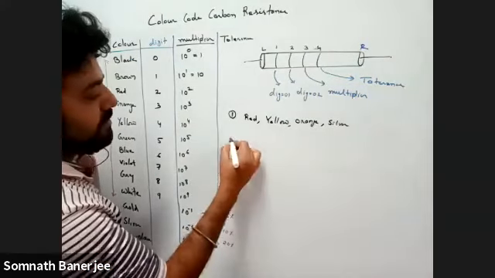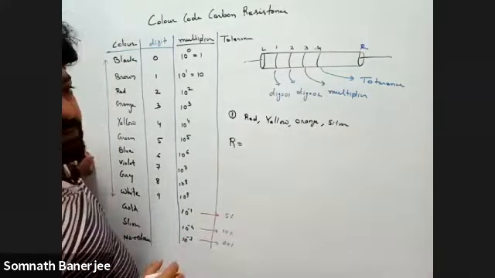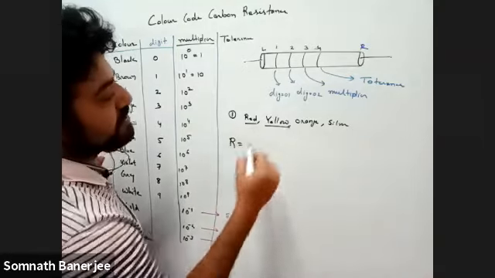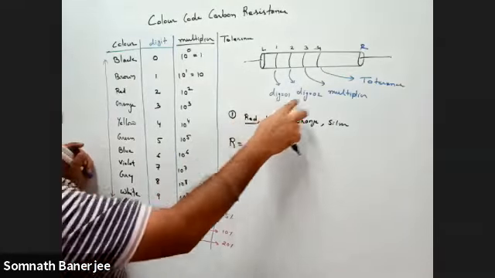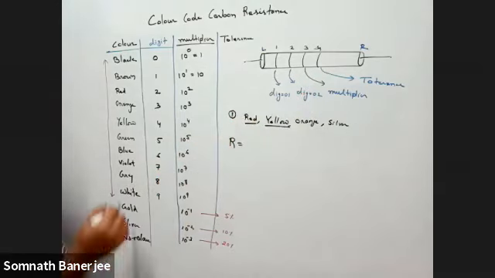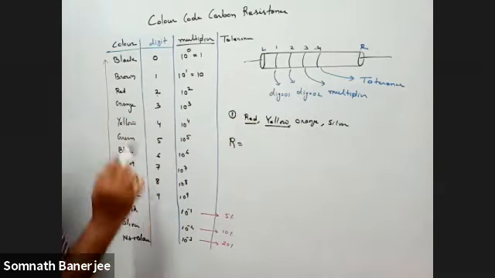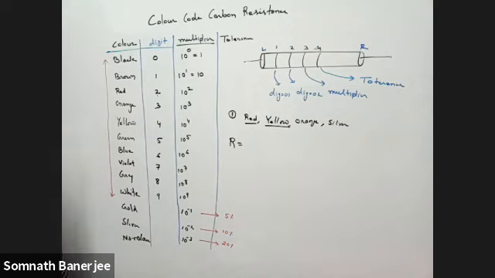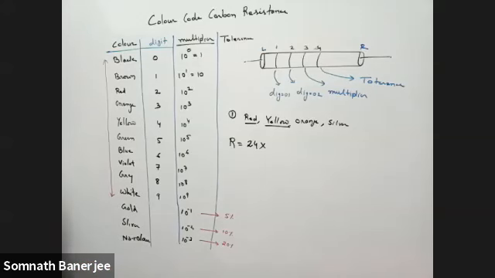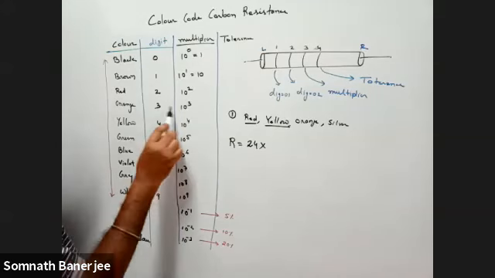It's very simple. R is equal to the first two, red and yellow. The first two are the digits. The first digit is red. Red is how much? Tell me. Red is 2. Yellow is how much? 4. Into, orange is how much? 10 to the power 3.